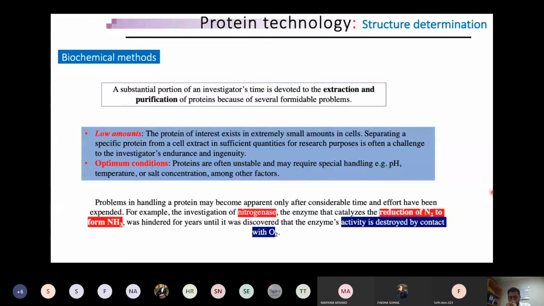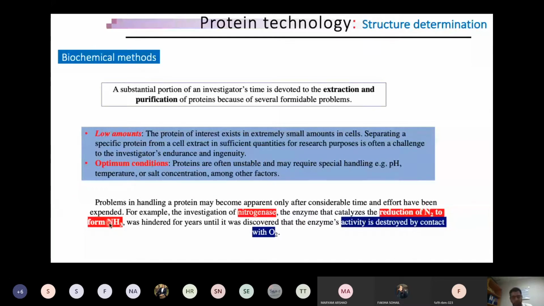There is just an example given here. It will just tell you how these two things are very important. For example, the problems in handling protein may become apparent only after considerable time and effort. The example is the investigation of nitrogenase, which is an enzyme, of course a very important enzyme in the environment, and what this enzyme does is reduce N2 to form NH3.